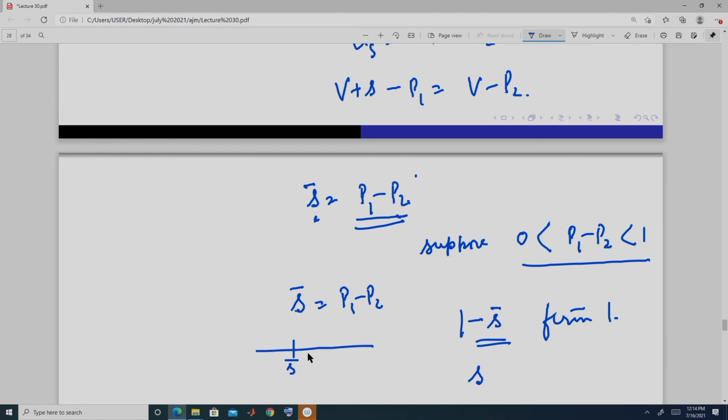If this is S bar, then this region is for firm 2 and this region is for firm 1.